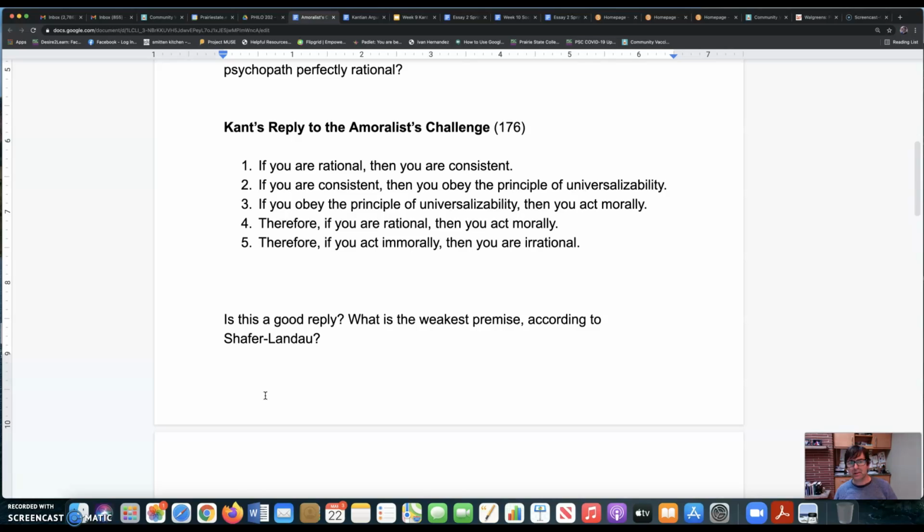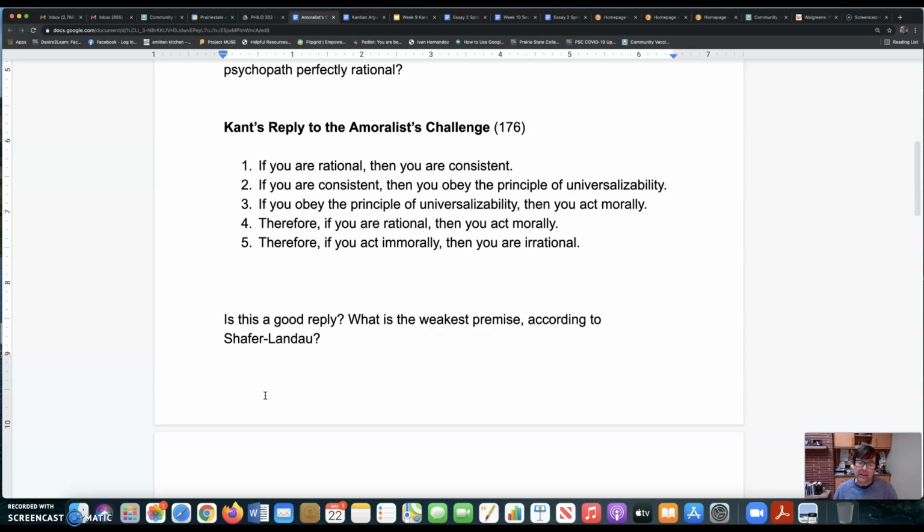who's obsessed with taking care of his lawn, or the fanatic who is obsessed with racial purity. Right? He gives those two examples, and it seems like both fanatics are acting on potentially consistent or universalizable principles. You could look at the examples in chapter 11 of Schaefer-Landau to see if you agree.